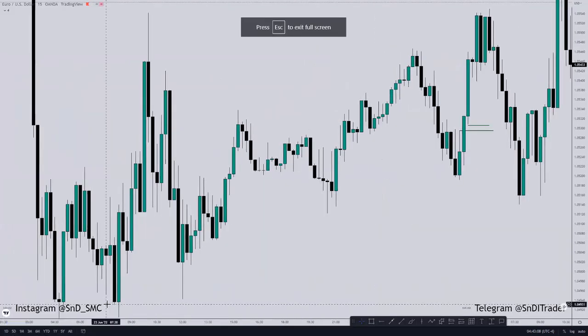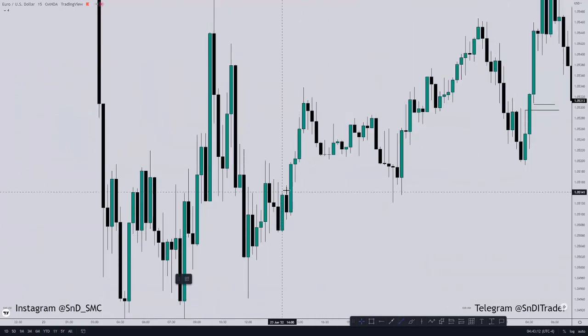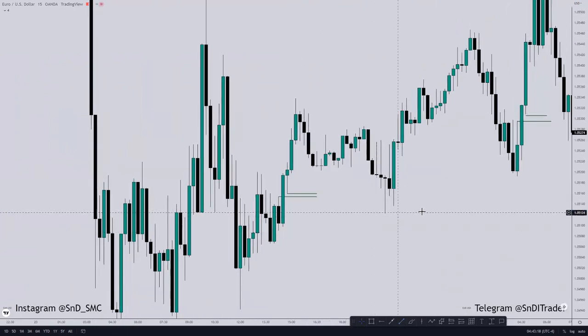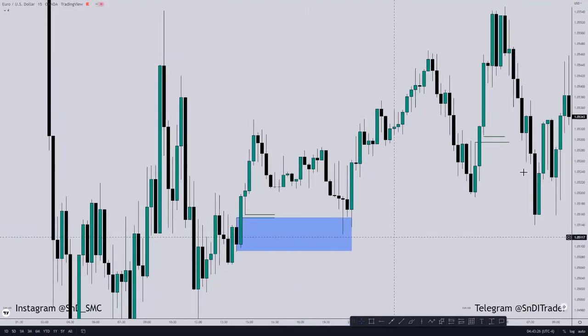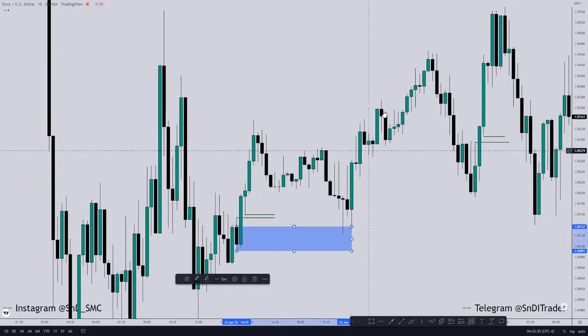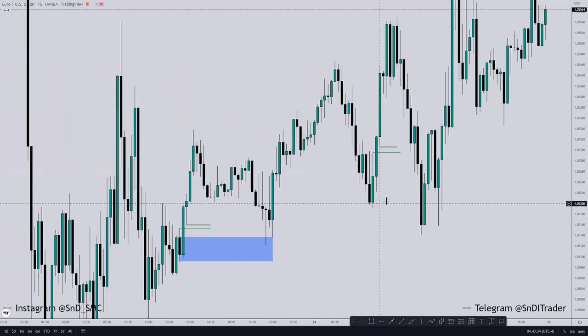We had some sort of fair value gap from this wick to this wick. So what happened here? Market just filled this fair value gap and went upside from this bullish order block. Alright, market just went up from this bullish order block. So that is how you see the fair value gap.